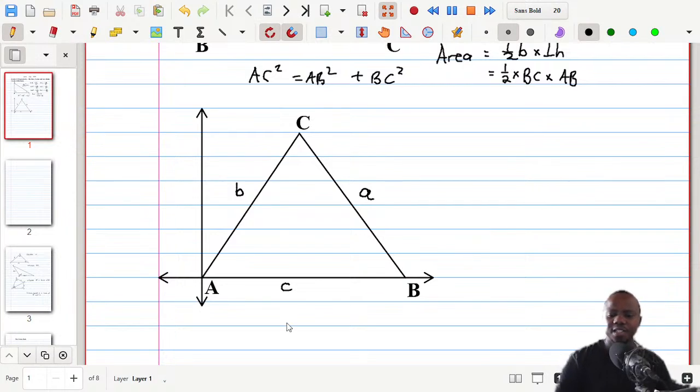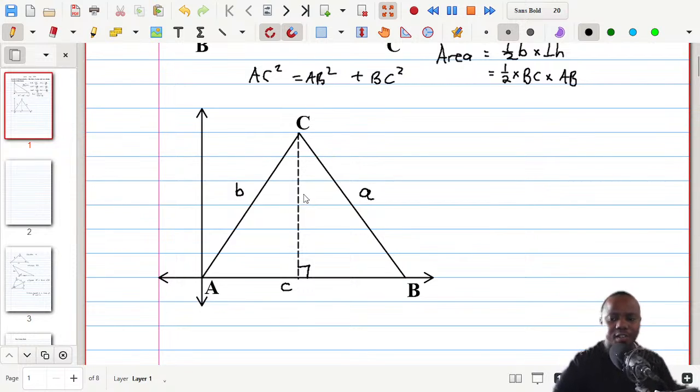So, having said that, let's see what we can do here. In order for us to be able to use anything, we first need to construct a perpendicular height. From C, I'm going to construct a line going down to the base of the triangle, down to AB. This is going to be our perpendicular height.